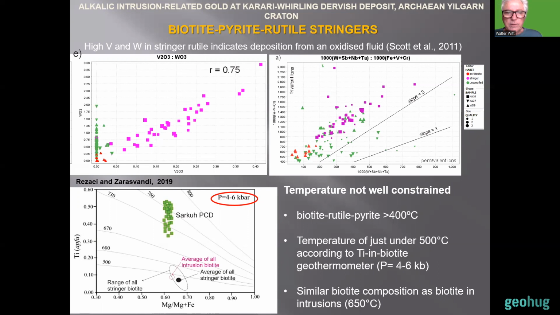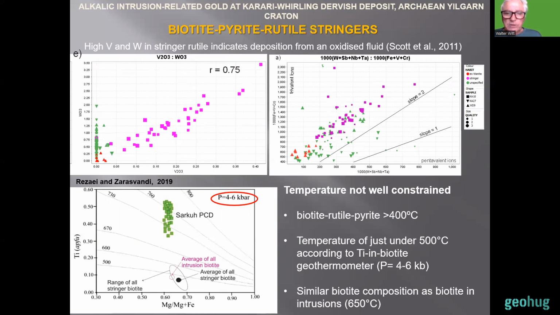However, the experimental conditions for this titanium in biotite geothermometer at 4 to 6 kilobars is inappropriate for the Karari-Whirling Dervish gold mineralisation, which likely formed at much shallower depths and pressures equivalent to 0.5 to 1.5 kilobars.